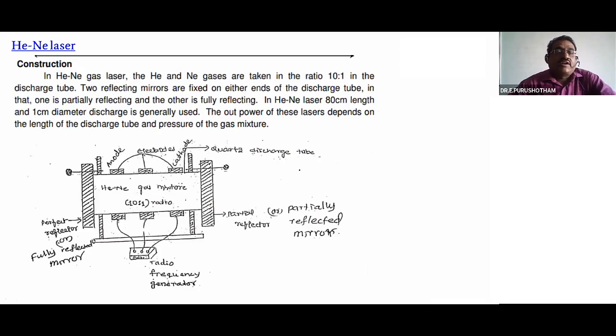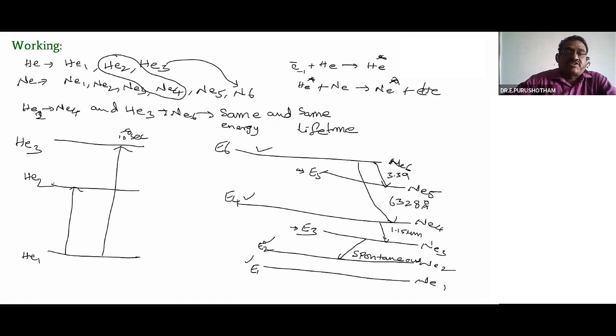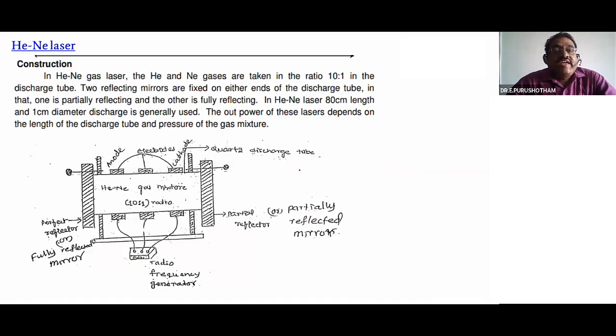Now observe the construction here. Helium neon gas laser: the helium and neon gases are taken in the ratio of 10:1 in the discharge tube or quartz tube. Two reflecting mirrors are fixed on either side of the discharge tube.